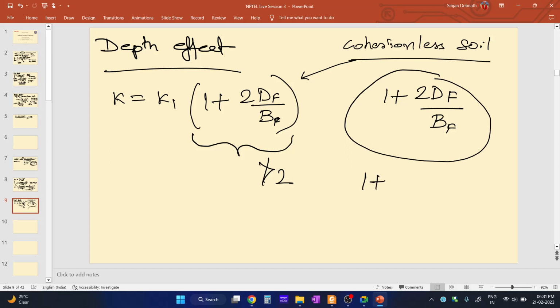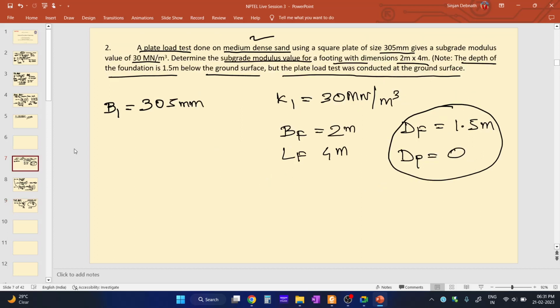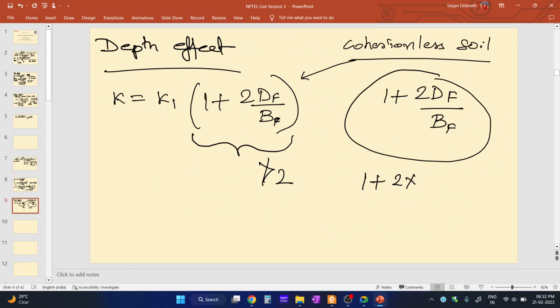So 1 plus 2 into, what is the value of df? The df is 1.5 meter. The depth of the foundation is 1.5 meter below the ground surface. So df is 1.5 and the breadth is 2 meter.